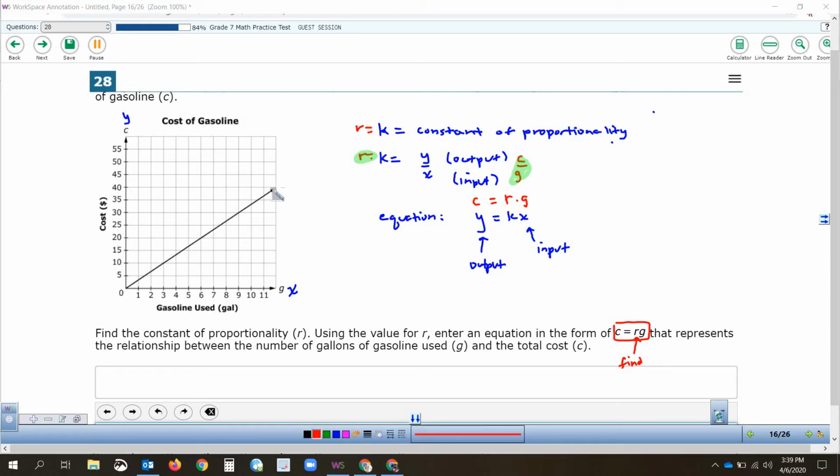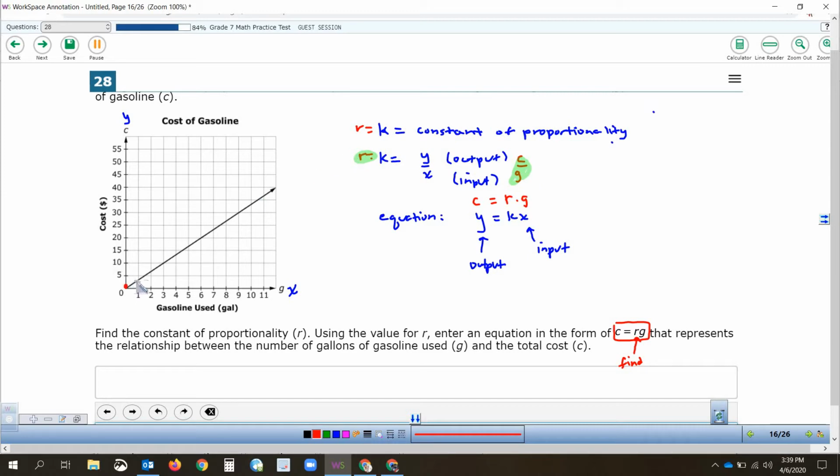Looking at this graph, I could know without them telling us that this was a proportional relationship, because we have a straight line. We have a linear relationship that goes through the origin, and that shows a proportional relationship on a graph. Now, this line is made up of a bunch of points, and these points make this proportional relationship true. So for any of these points, if I take C divided by G, it will give me R.